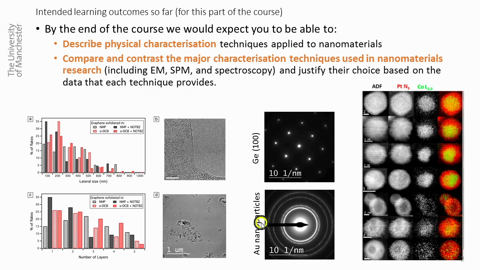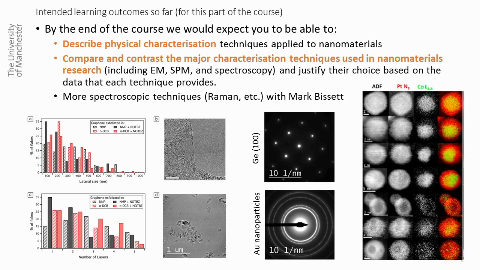You get diffraction, some morphological information, and you can also do elemental mapping. What we really want you to know from this part of the course is how to use these different techniques, to compare them, to understand the concept behind them, and how they can be used.